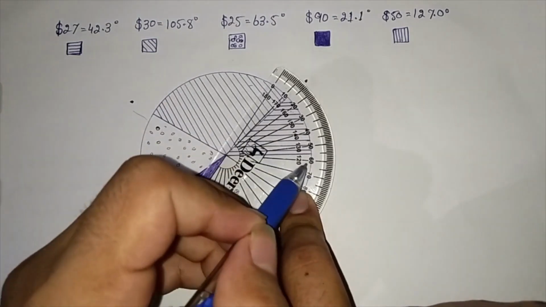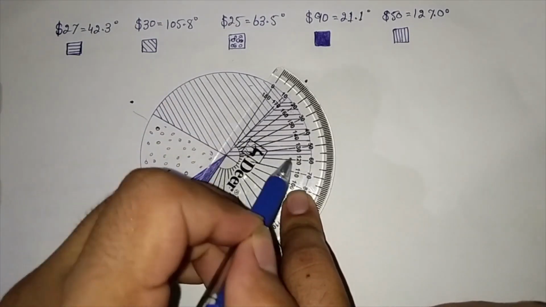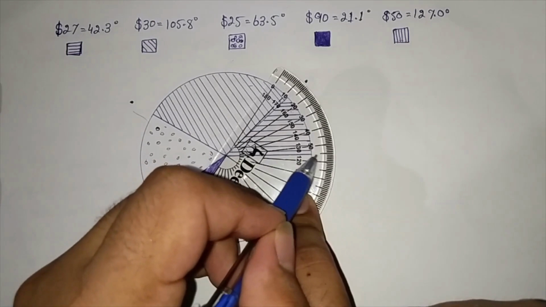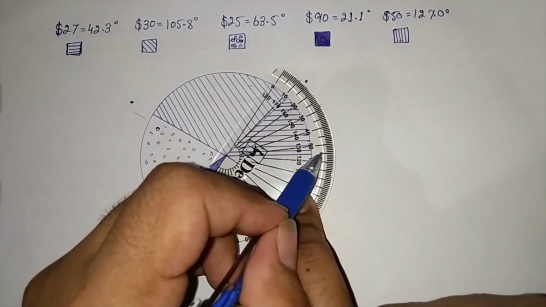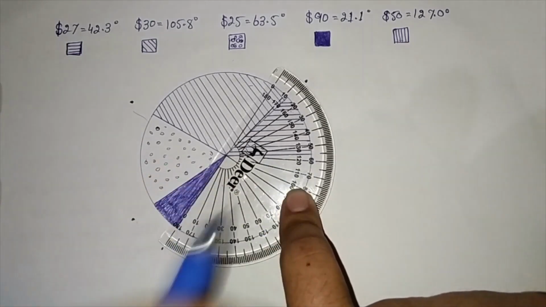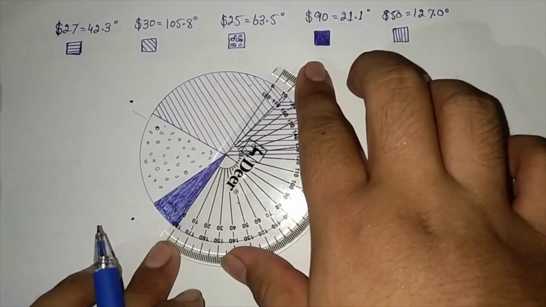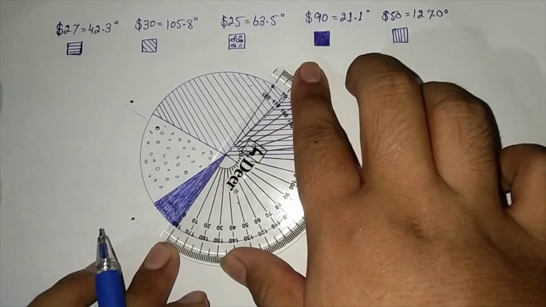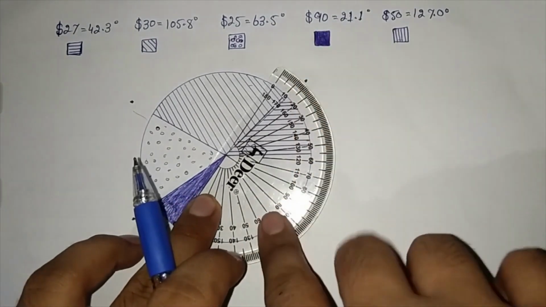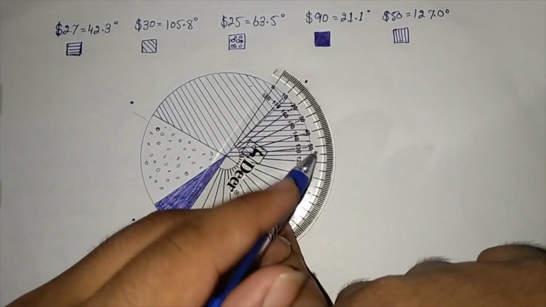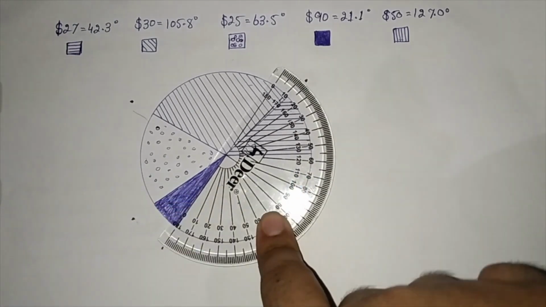And here this one is the line we have. It is of 125, which is approximately equal to 127. If I put it more accurately here, you can see it is approximately equal to 127.